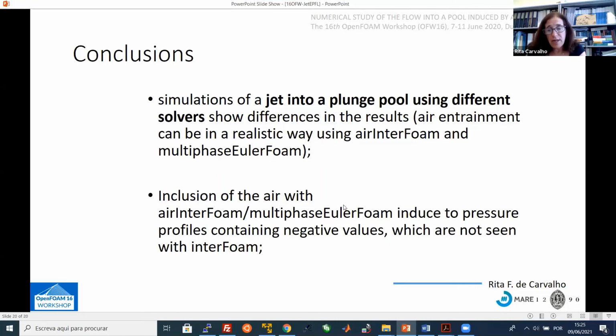Of course, we have to do more research on that part, but with this installation, with the very detailed pressure information, we can look at the differences in a better way. Thank you.